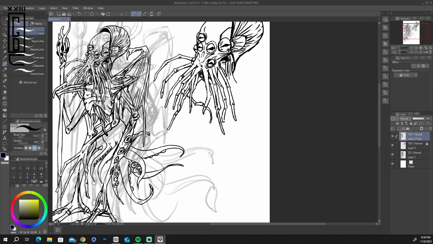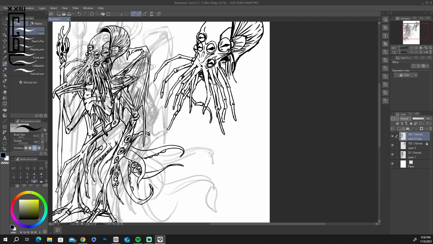For example, all this part is the head. So the head is separated from the rest of the body. So now we can see the head.